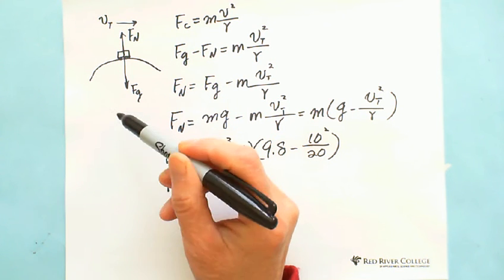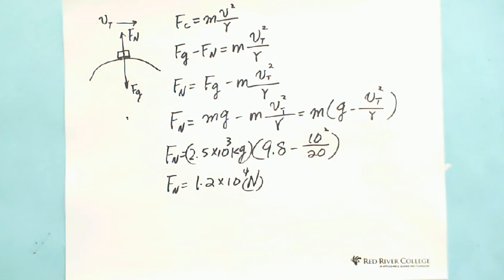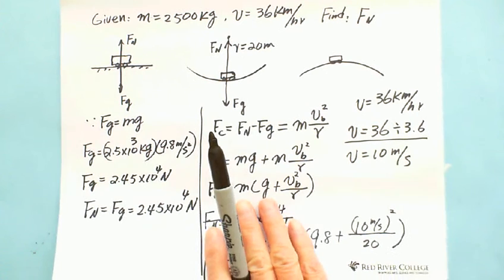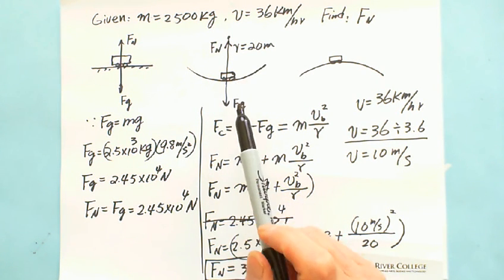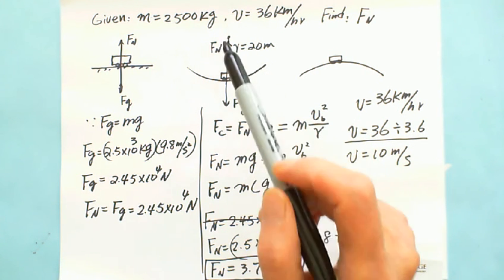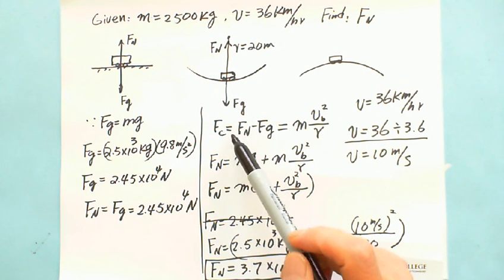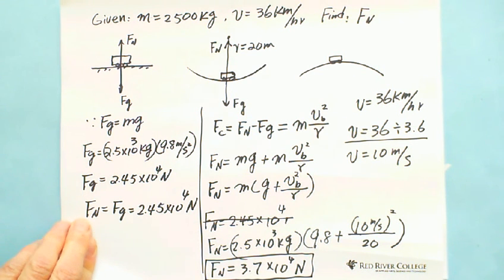In this situation, the direction points to the center, so it's Fg minus the normal force. In the previous situation, because the center is up, you use the normal force minus Fg. If you understand these three, it's okay, no problem.